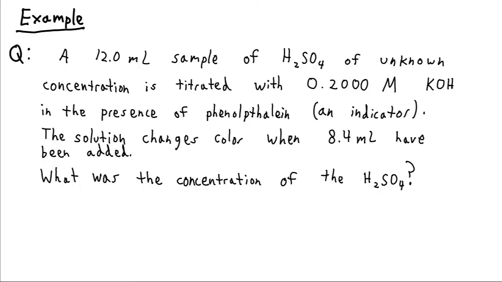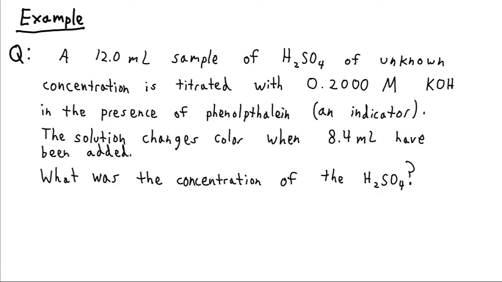Let's say that we have a sample of sulfuric acid, that's H2SO4, of unknown concentration. This is a 12 milliliter sample. We'll go ahead and titrate it with potassium hydroxide. We've made this potassium hydroxide in our laboratory, so we know its concentration really well, 0.2000 molar. Now, we'll do this in the presence of an indicator.